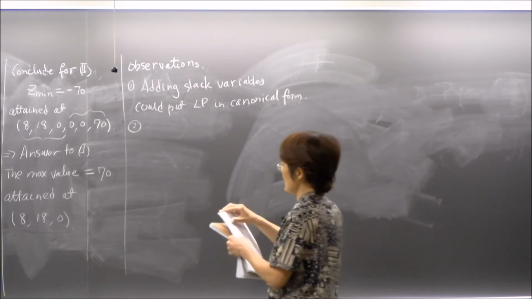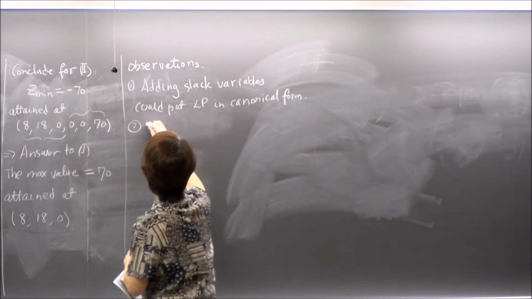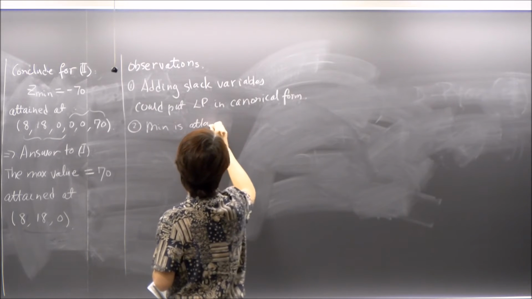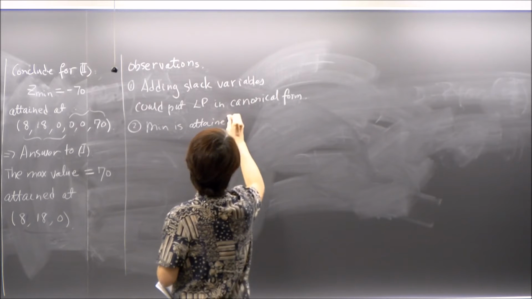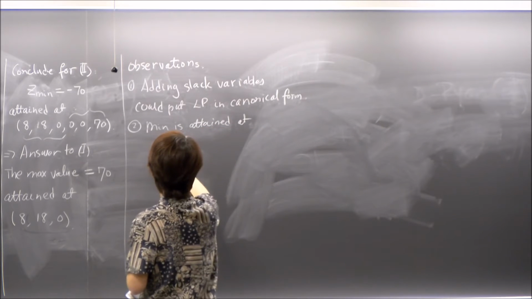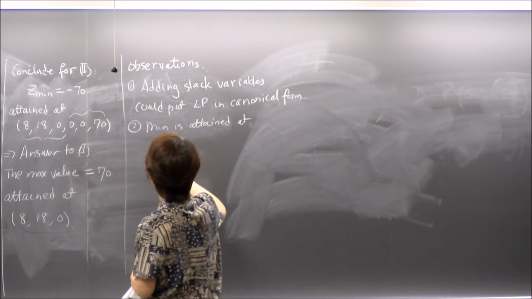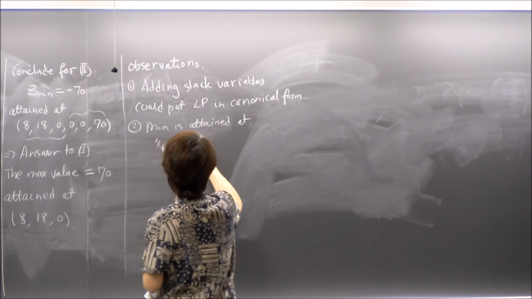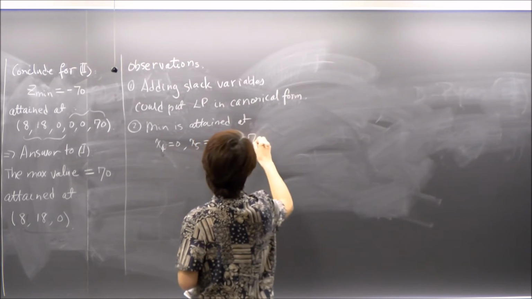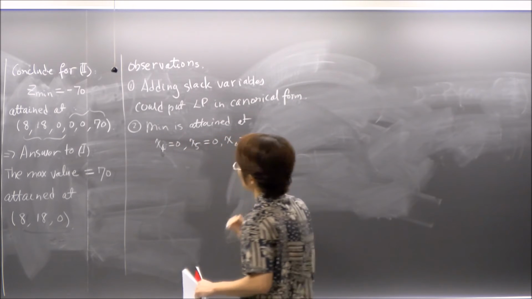So let me write this down. So we see that the min is attained in particular at these slack variables: x4 is 0, x5 is 0, and x6 is 70, which is strictly bigger than 0.